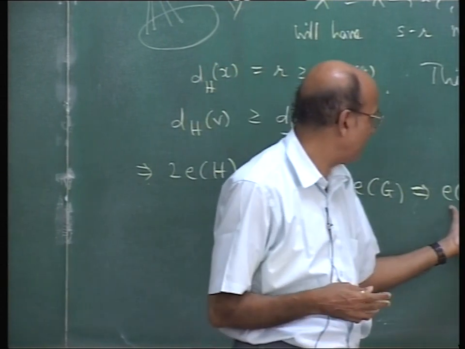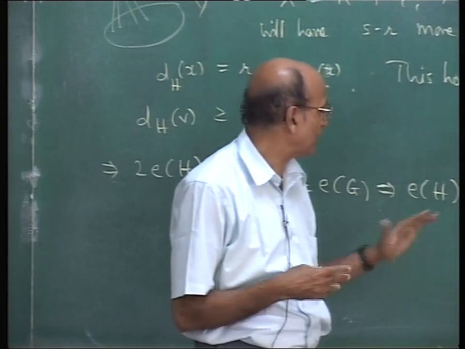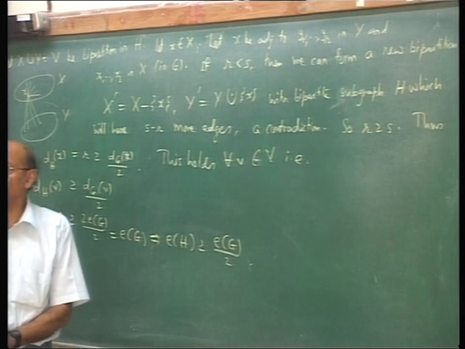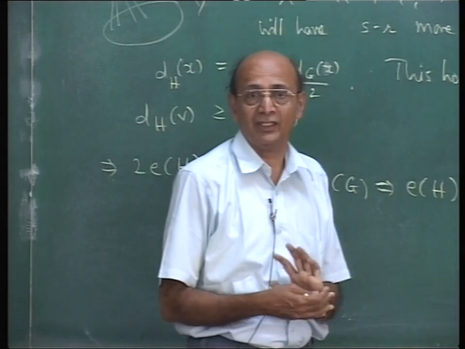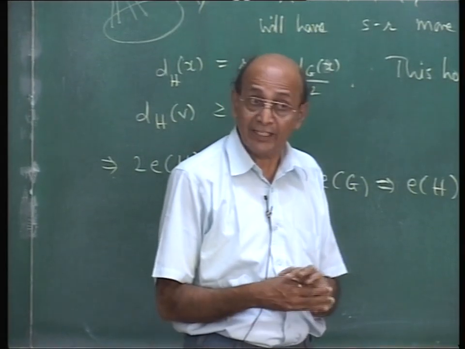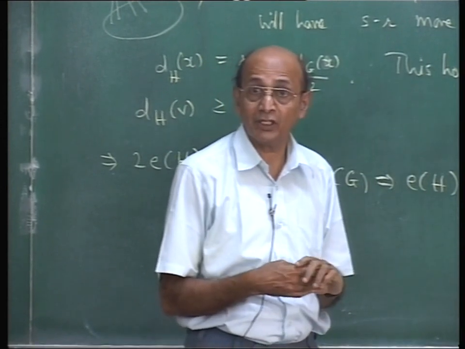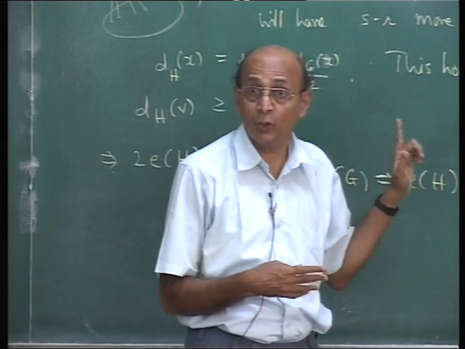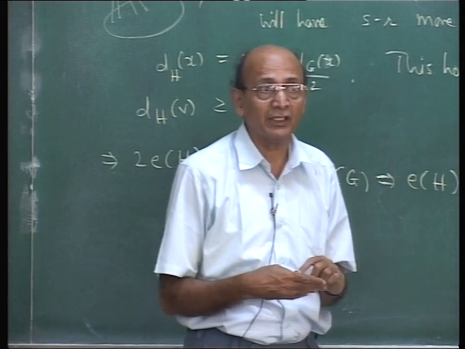Does it really construct a maximum sized bipartite subgraph? The answer is no. It does not quite construct that. There may be a bipartite subgraph of the original graph which is bigger than this, which has more edges. What is meant by bigger? Something that has more edges.